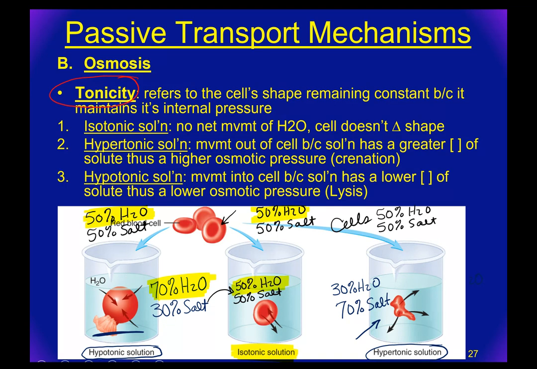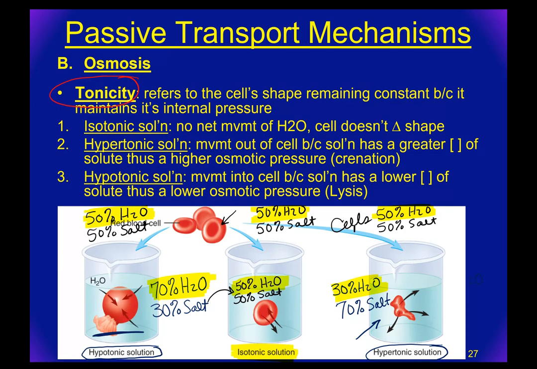Looking at the numbers, in my cell I've got 50% water. In my beaker I have 30%. Which number is bigger, 50 or 30? 50.